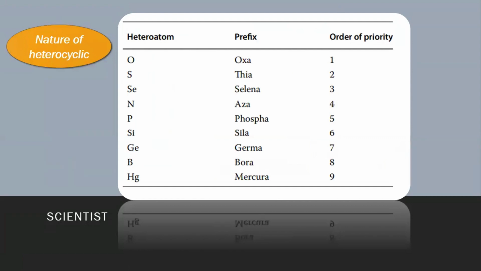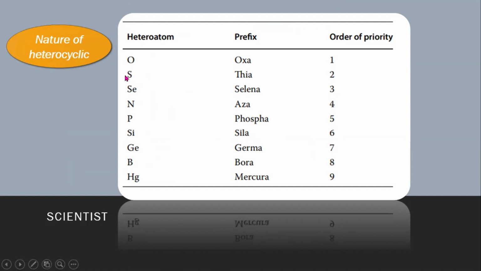Now the nature of heterocyclics. What does that mean? It means which type of heteroatom is present and what we should call it in heterocyclic nomenclature. If it is oxygen, we will call it oxa.